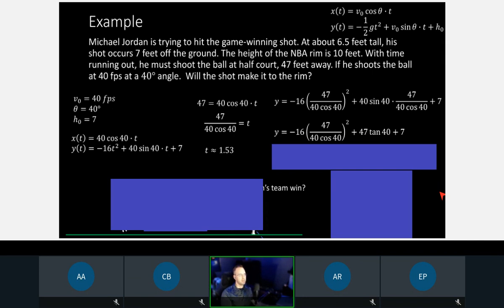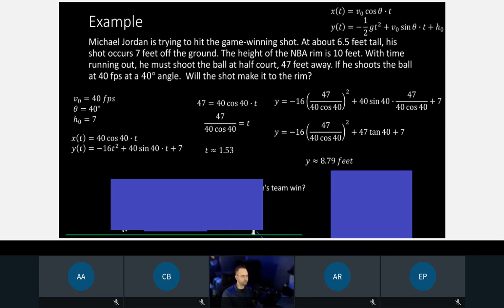All right, so people got 8.79 feet. I think that's what I got. So based on this, can you say it got to the rim? Well, you can't be certain.